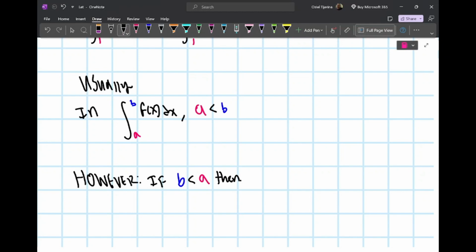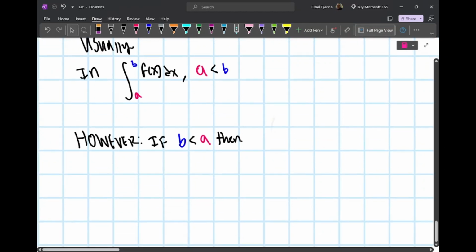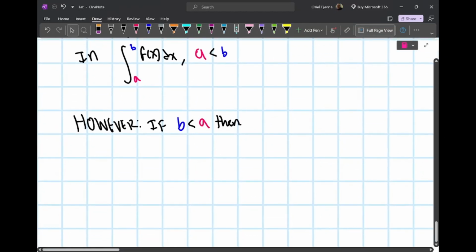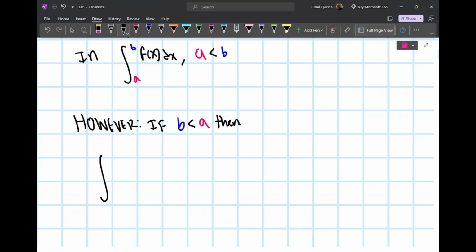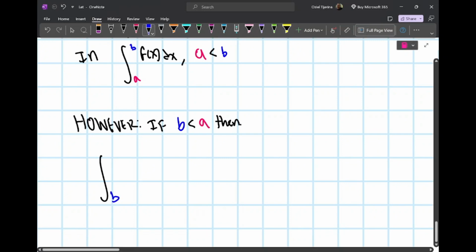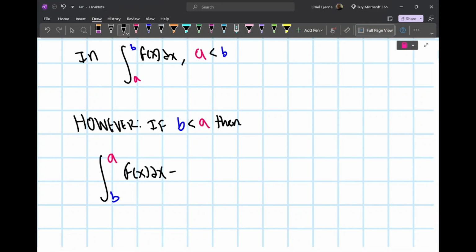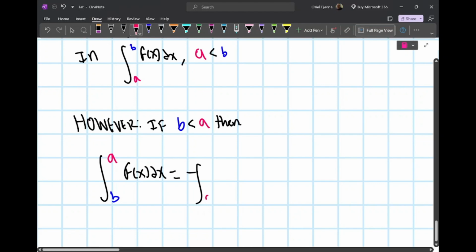then the following is true. The integral from b to a, because b is less than a, of f of x dx is going to actually be negative the integral from a to b of f of x dx.